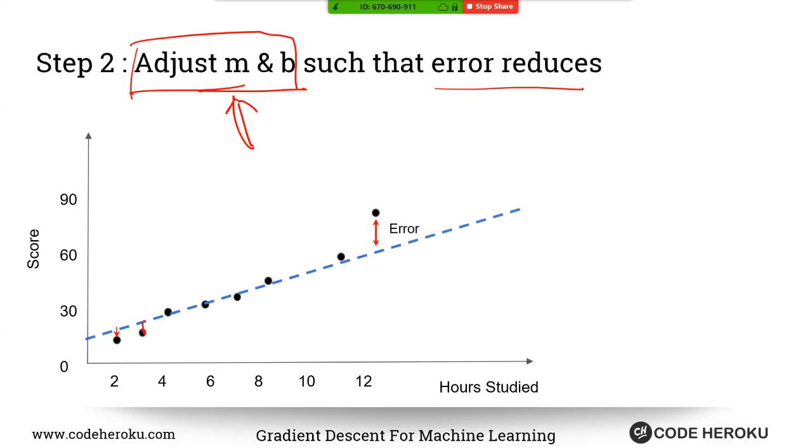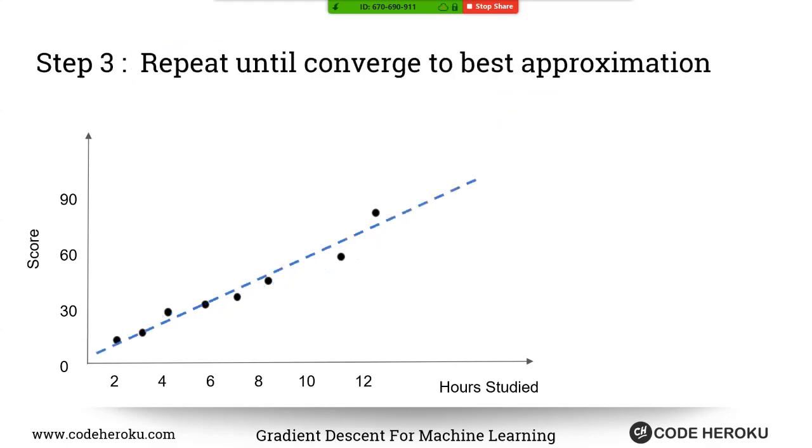Okay, everyone with me until here? So how to adjust? We'll derive it. Okay, we'll see how we can do that, but this is the overall strategy. And we'll repeat this until we find the best approximation.